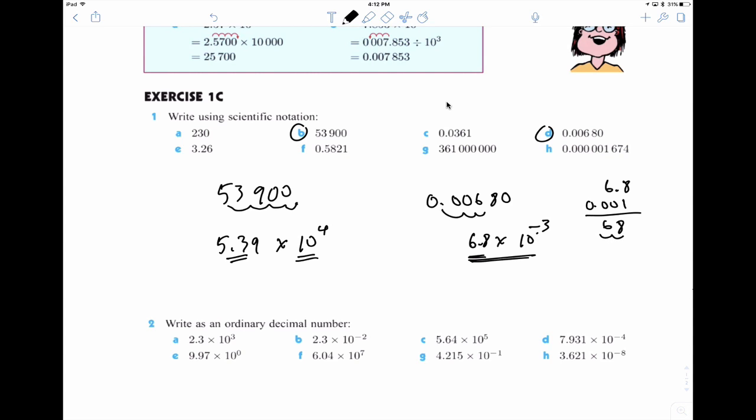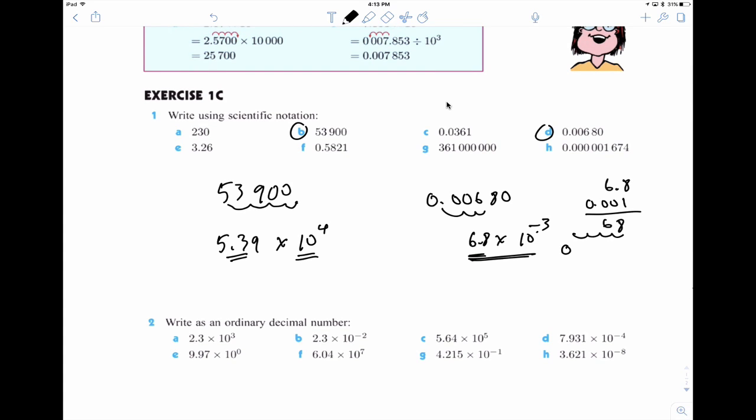So 1, 2, 3, 4, deleting 0, 6, 8, and we could add that 0 to it as well. That may not have been necessary, but there you go. It works. And I think it probably helped to understand why it works. So let's do some more examples.